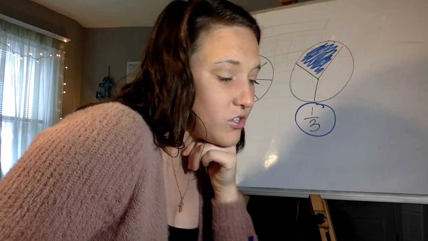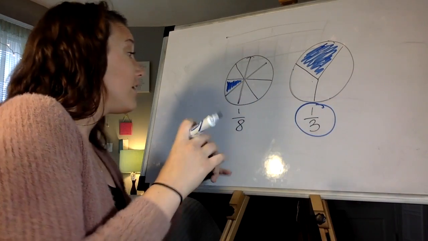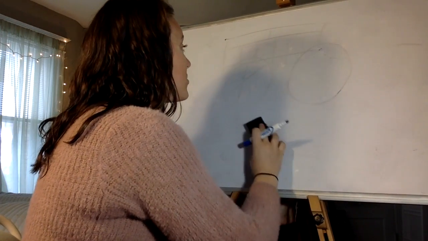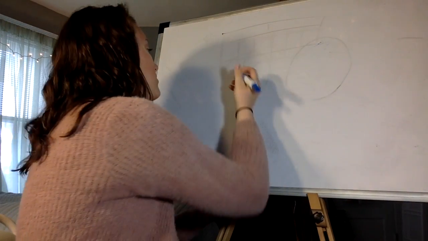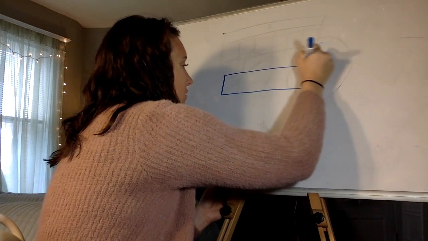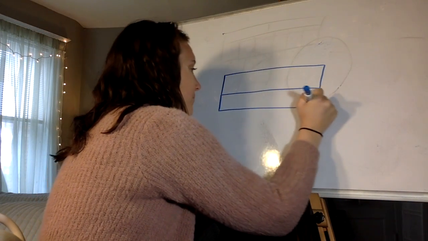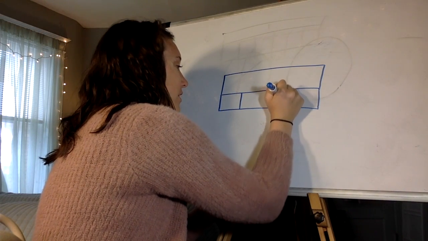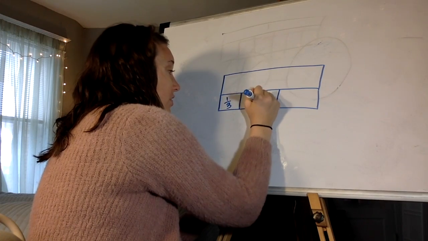So how could you use fraction strips to check your answer? Well, here, I will show you. So I'm going to have to erase this because I drew it too big. And then how would I use fraction strips? So the bottom is going to be divided into 3 equal shares, each fraction being a third.